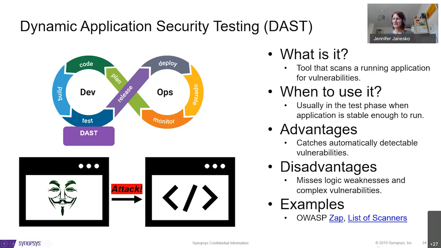At the bottom of this page, I've given two examples, and actually not really two examples. One is an example, and the other is a list of DAST scanners. OWASP ZAP, if you don't know it, is the Zed Attack Proxy. I probably should have put Zed Attack Proxy in all capitals, ZAP.